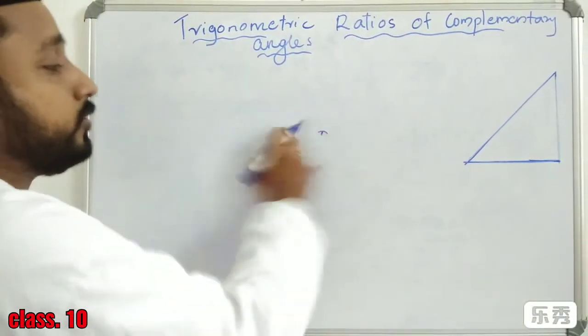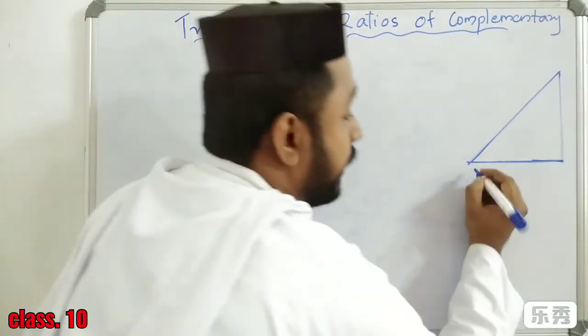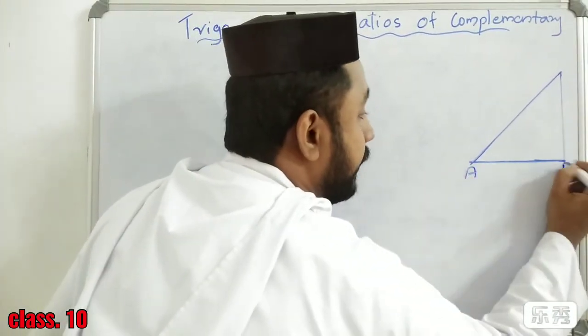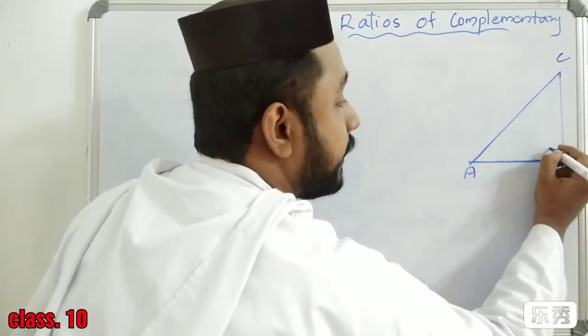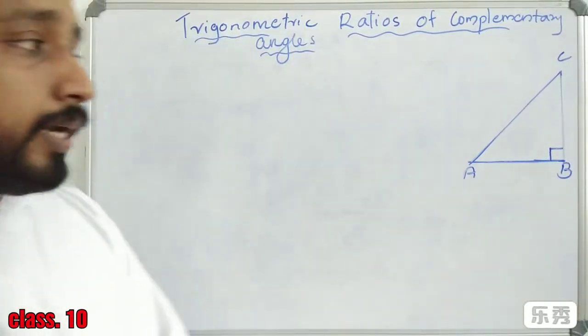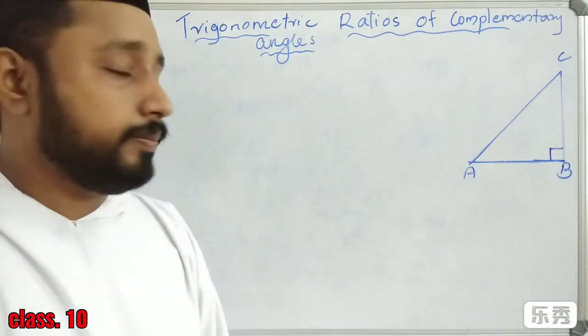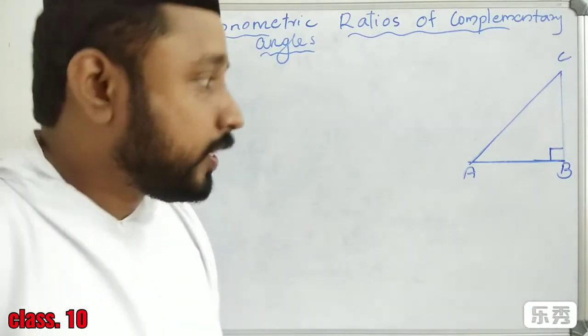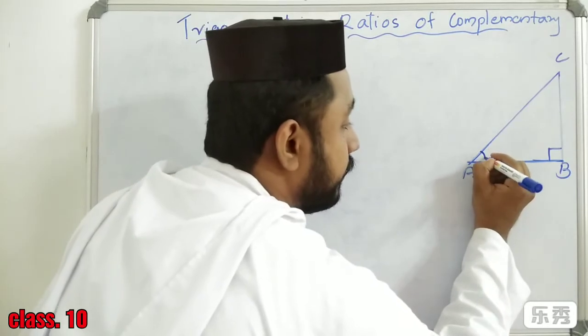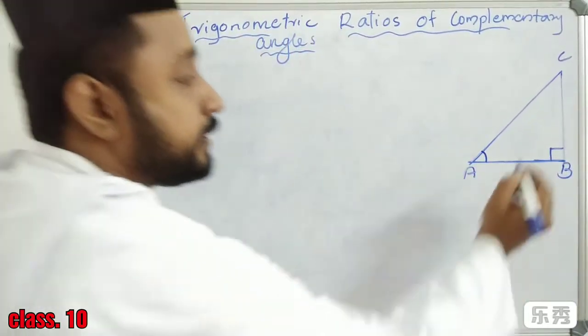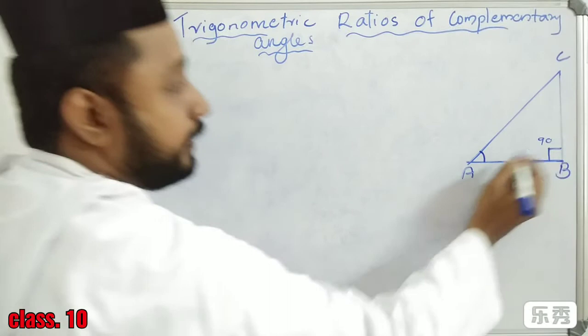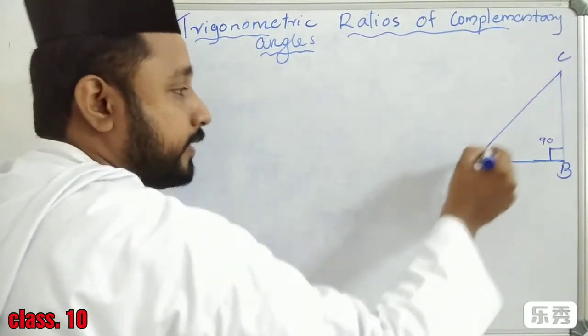So, we are going to consider a right triangle ABC, right angle at B. Now, I am going to consider angle A. This angle is 90 degrees. And what about these two angles?